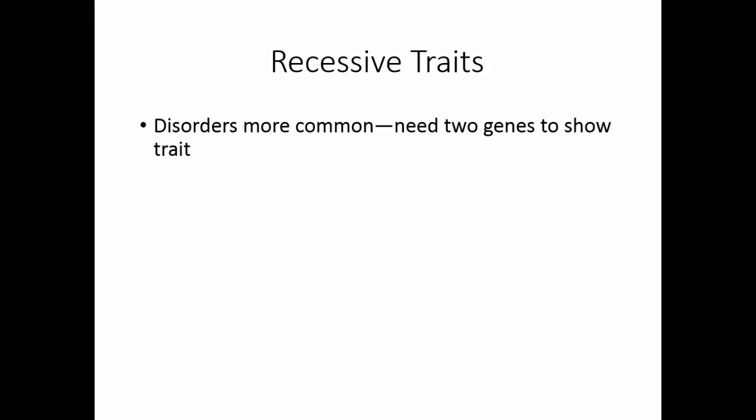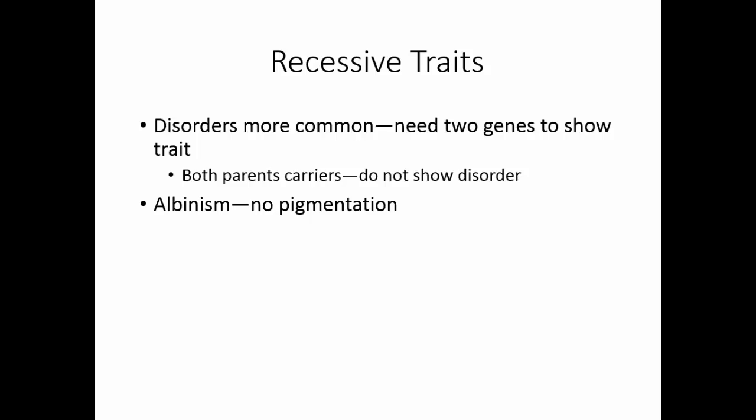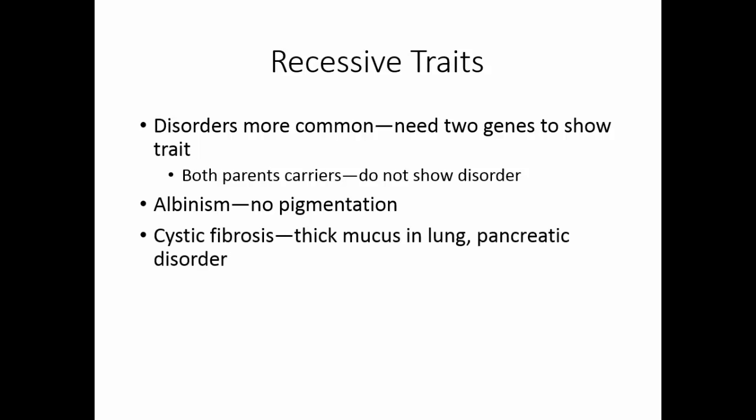Recessive disorders are much more common because you need to get two genes to show the trait. In this case, both parents have to be carriers. They're both heterozygous. They don't show the disorder, but they both carry a gene for the disorder. Albinism is one such disorder. Individuals who are albinos are unable to produce any form of pigmentation. Cystic fibrosis we've discussed a couple of times.